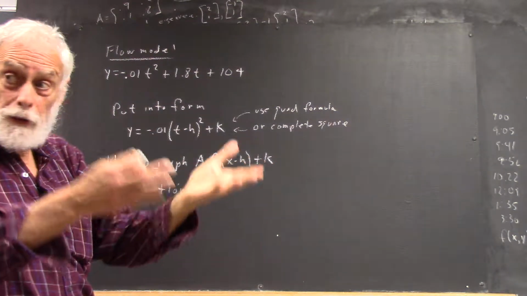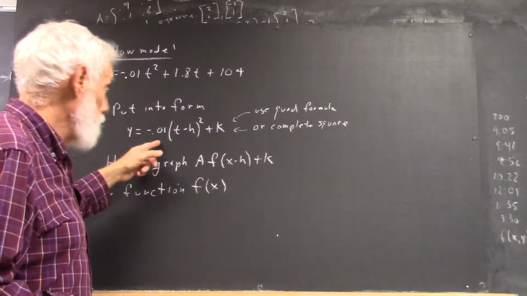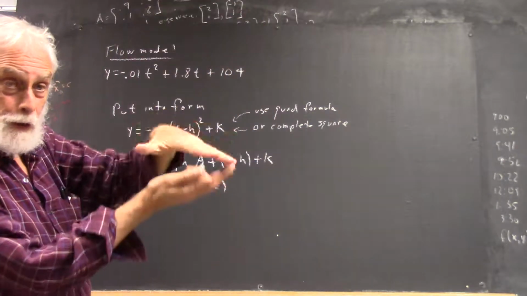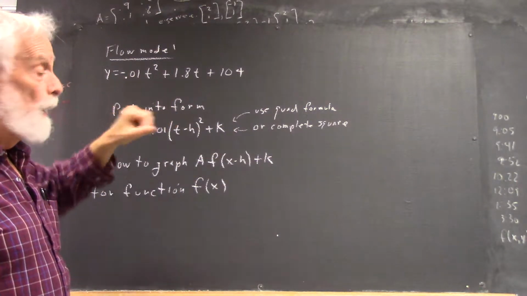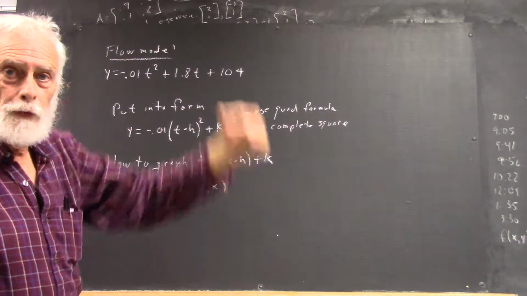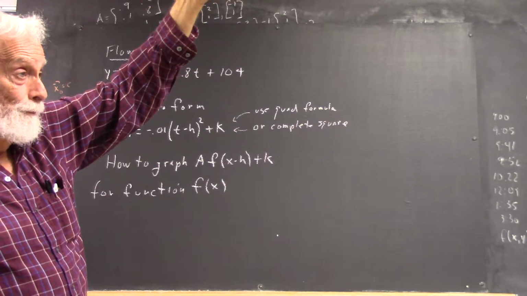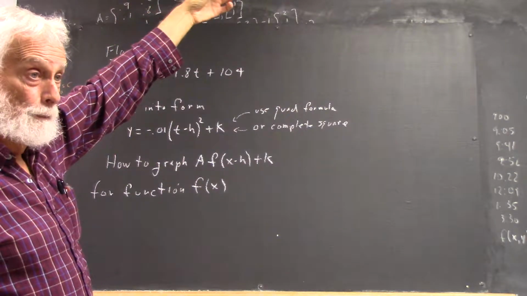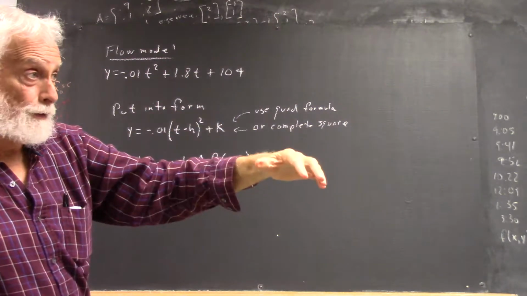Now, if you remember what we did a week ago, you know exactly what I mean by that. We haven't compressed anything that much, but we have to do that to get our flow model. And then we shift everything up k units. But then there's another shift we have to do. We have to shift the vertex.